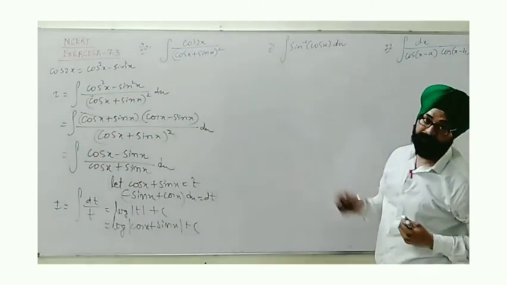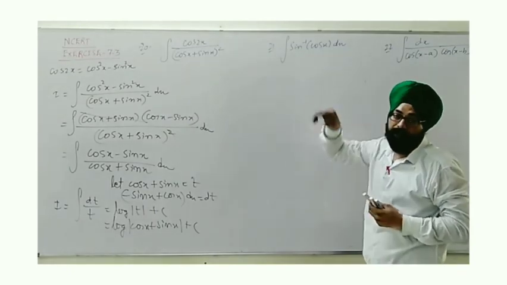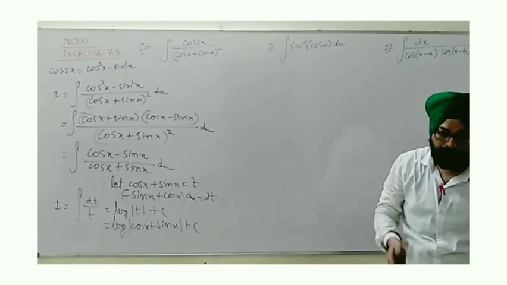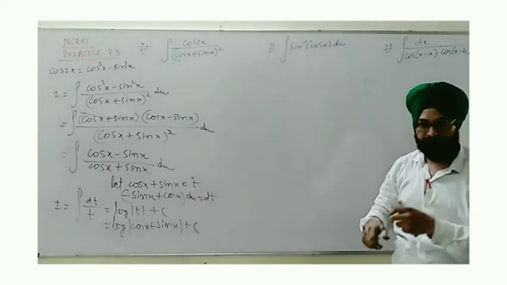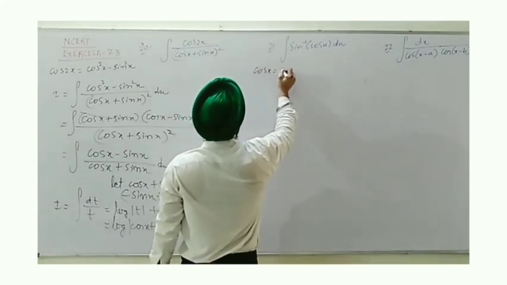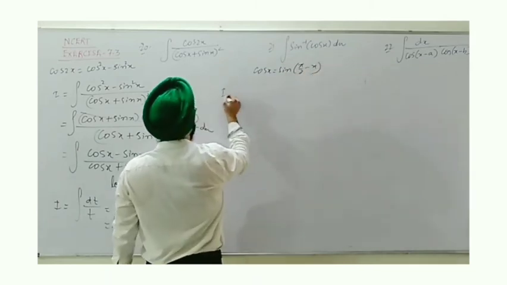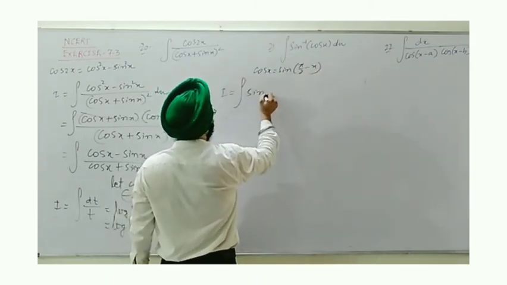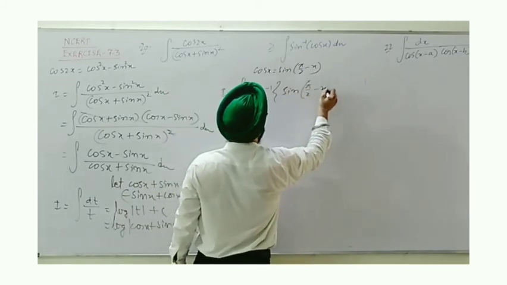Now the next question may confuse. You know that sin inverse is given with cos x. So if I want to simplify that, I need somehow to convert this in terms of sine. Yes, we have one relation: cos x can be written as sin of pi by 2 minus x. If I apply the same thing, I find that sin inverse of cos x becomes sin inverse of sin of pi by 2 minus x.